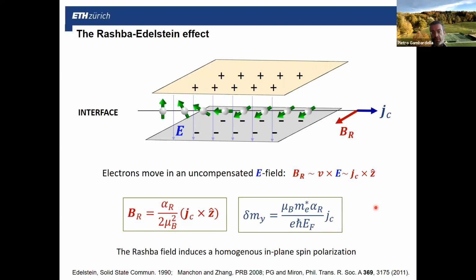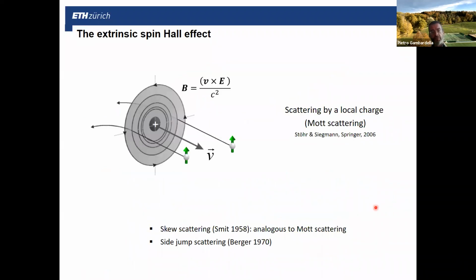So that's one effect. And the other class of effects, where we have spin-dependent scattering, is the family of spin Hall effects. Now here you can have two types. One is extrinsic scattering effects due to impurities.